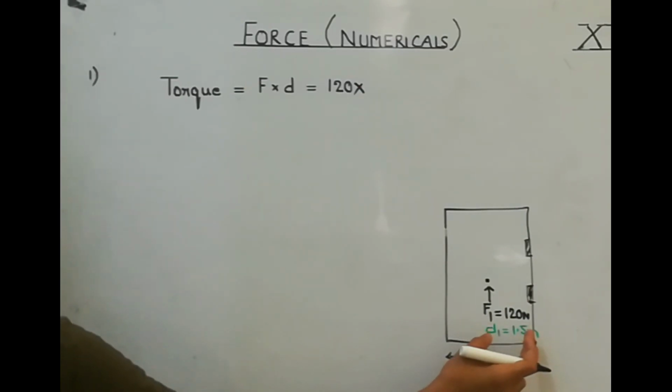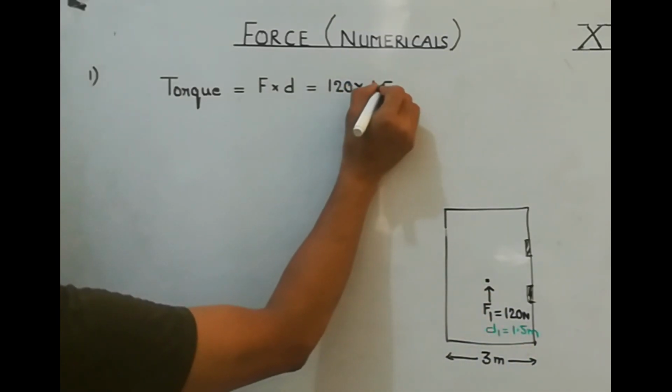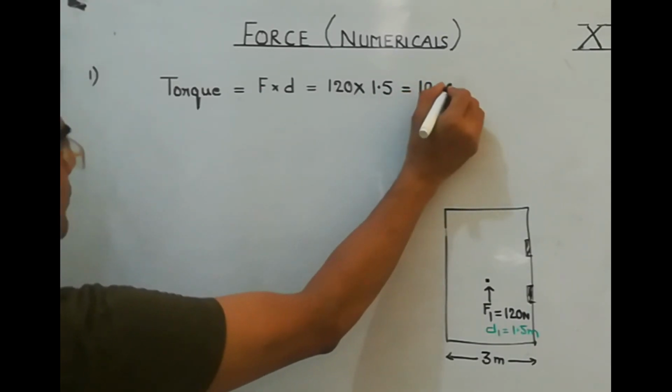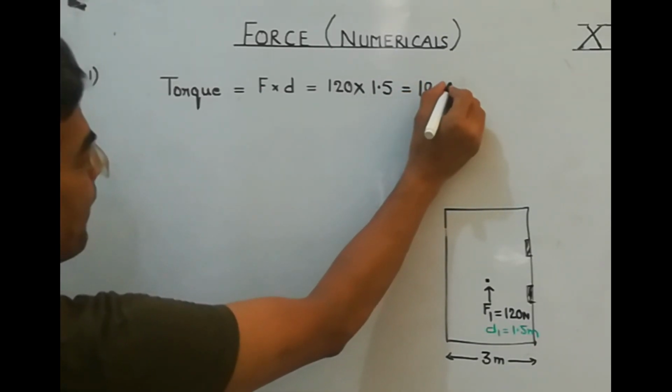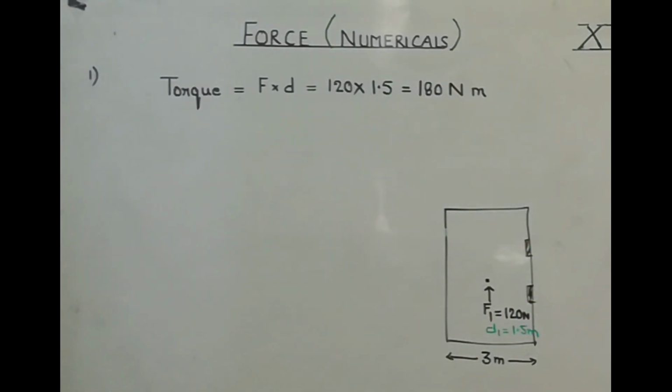He applies the force at a distance of 1.5. That was case 1. So from case 1, distance and force both were known to us. So we have calculated the torque required.